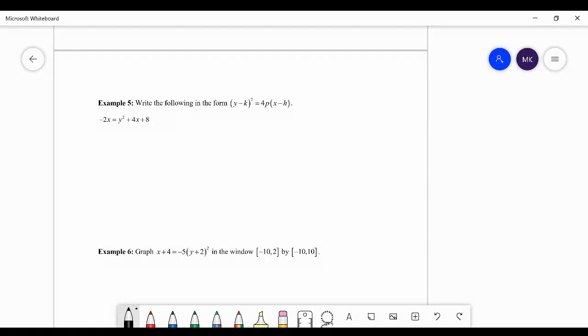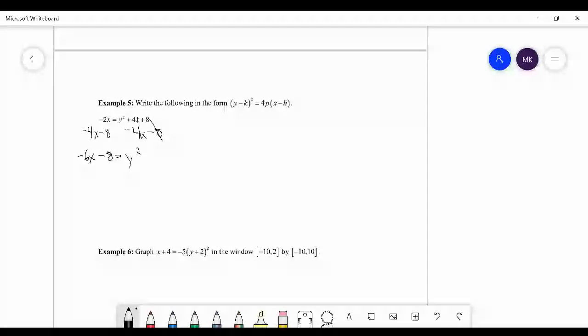And so what I want to do is get all of my x's onto one side, and then isolate my y squared. So I'm going to subtract 4x, and subtract 8 from both sides. Those cancel. And what I'm left with, -2x minus 4x is -6x minus 8 equals y squared.